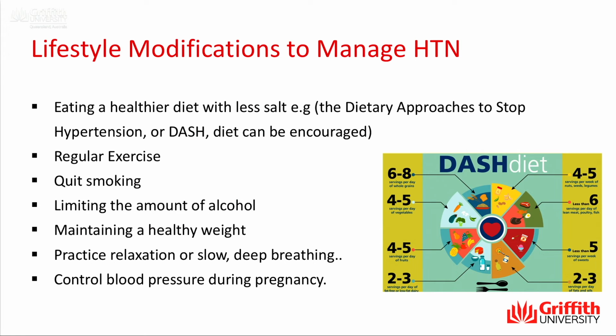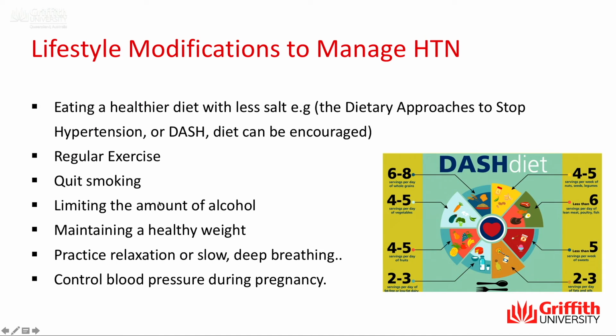So where do we come in? These are the lifestyle modifications for managing hypertension. So eating a healthier diet with less salt. We have the DASH diet, which I'll discuss more in depth soon. Also, the Mediterranean diet is gaining traction. Encouraging the patient to exercise regularly.